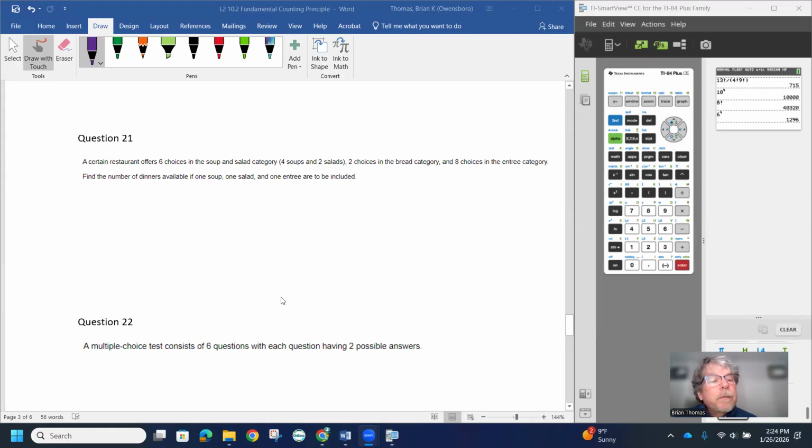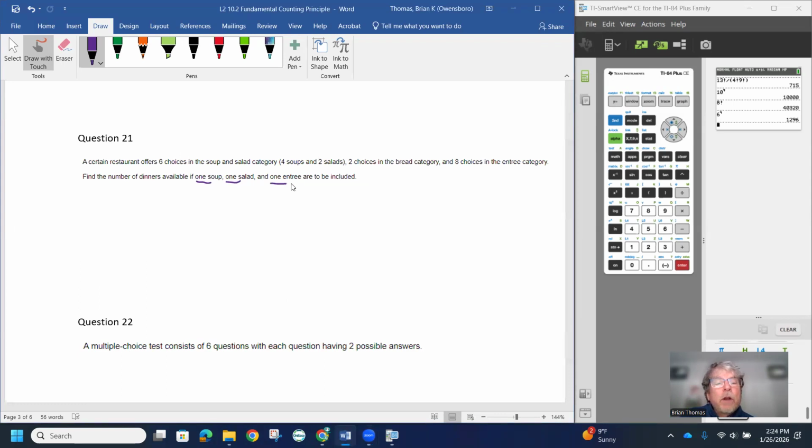A certain restaurant offers six choices in the soup and salad category, four soups, two salads, two choices in the bread category, and eight choices in the entree category. Find the number of dinners available if I'm choosing a soup, a salad, and one entree. It looks like the bread is not being chosen here, just a soup, a salad, and an entree.